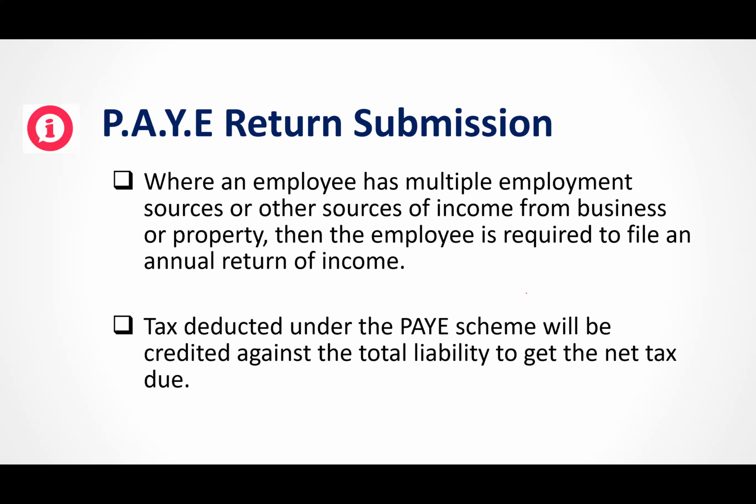Because by law, that person there, your neighbor, is required to file an annual return of income. The tax deducted under the PAYE scheme will be credited against the total liability to get the net tax due.